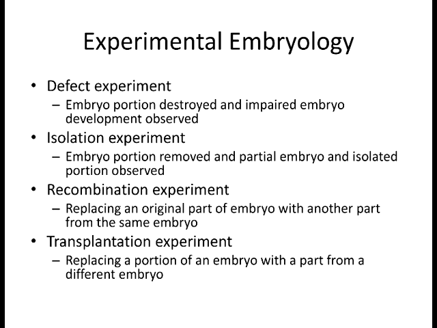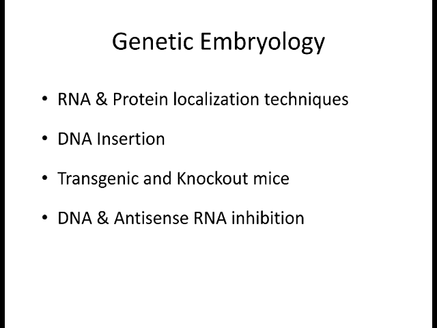So those are the 4 types of experimental embryology: defect, isolation, recombination, transplantation. We use this today, not as often, though, as we use genetics. Genetic embryology is kind of where it's at. There are about 4 different groups of techniques that we use to study the genetics.